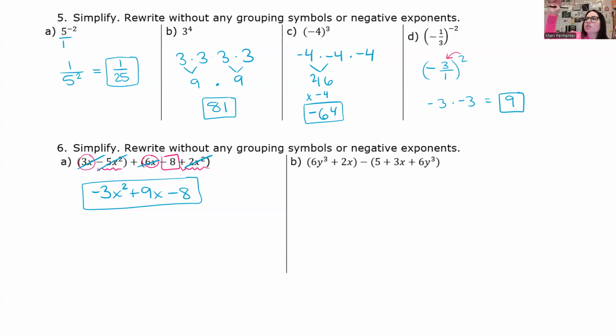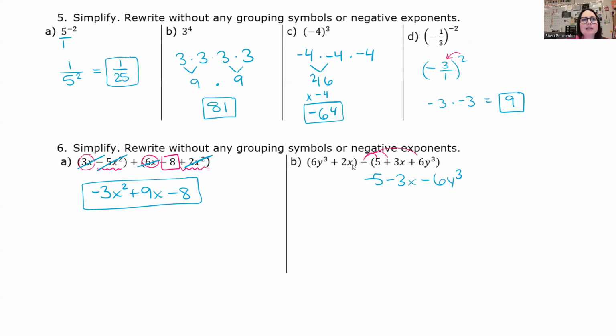If it's a negative, it changes to a positive. So it's just opposite sign for all of those. So I have to distribute that in, and I'm going to rewrite it because I don't want to make a mistake. So I'm rewriting the second set of parentheses. So I get minus 5 minus 3x minus 6y to the third power.